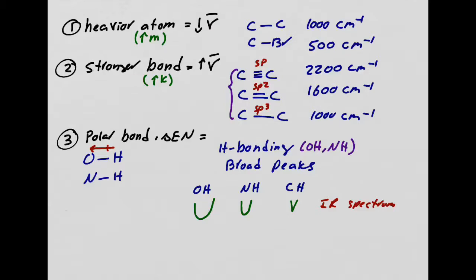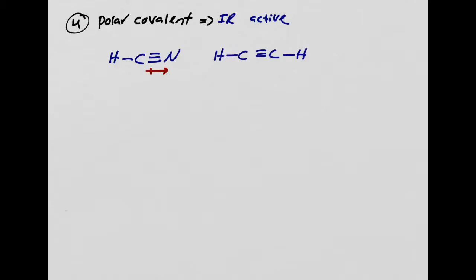If I have a stronger bond, I have a higher wave number. And if you have compounds that are very polar, like OH, like NH, you end up getting broad peaks. And remember, to be IR active, you need to be polar covalent. So this was all to give you an idea before I put the spectrum on there.